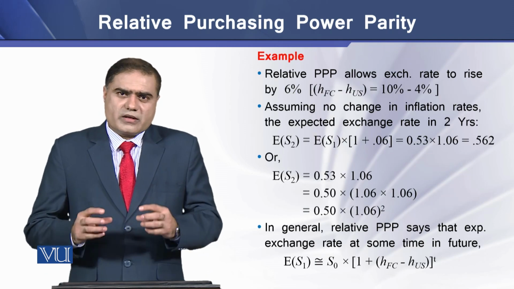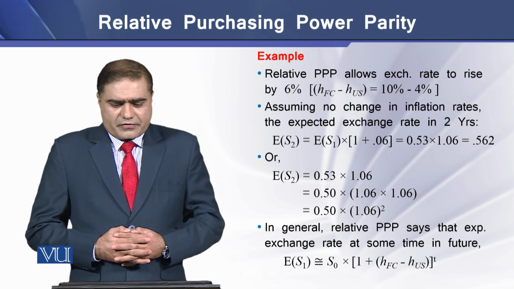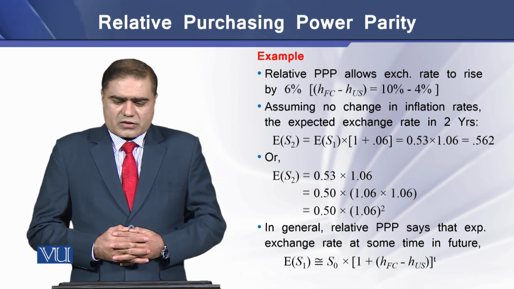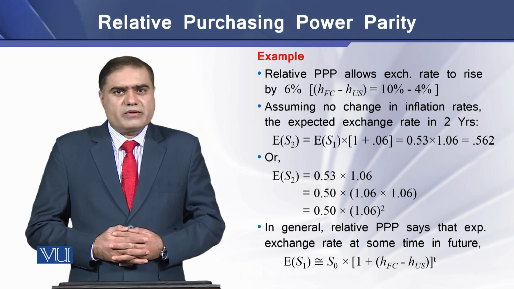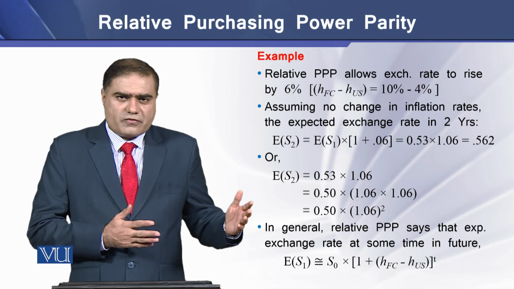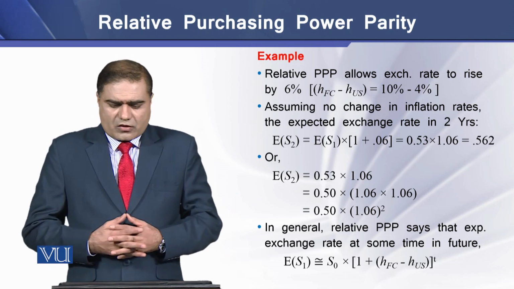Now to understand this equation, we have an example where relative purchasing power parity allows the exchange rate to grow by 6%, which is the difference between the 10% inflation rate in the UK and the 4% inflation rate in the US economies.